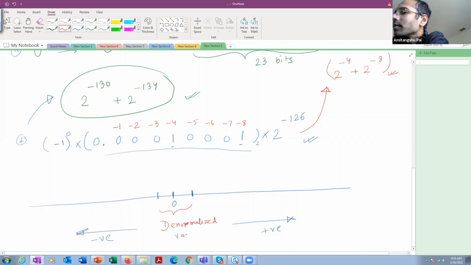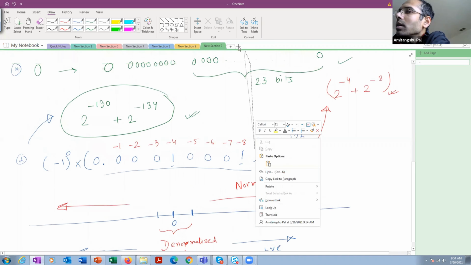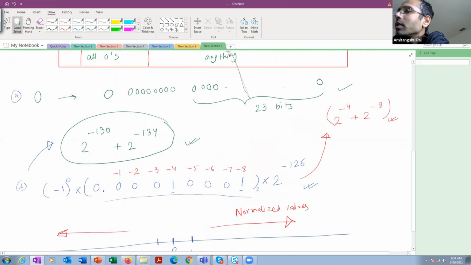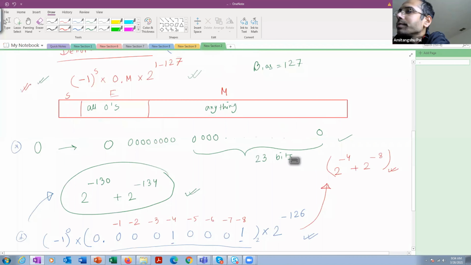And for numbers at or beyond this point, we need to use the formula of normalized values. So numbers that are either 0 or very close to 0 use the formula of denormalized values. That's it.